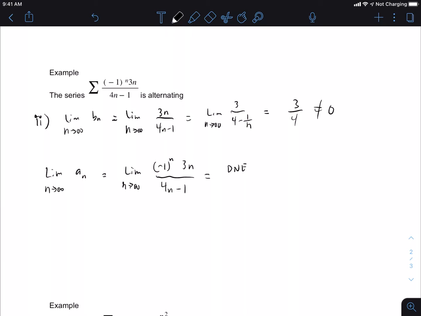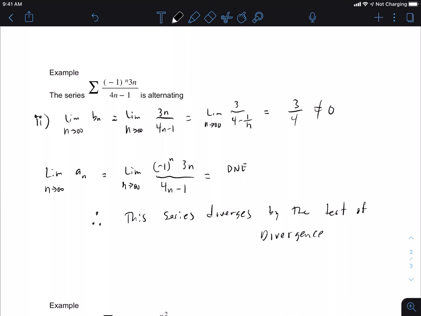So it's not going to equal some number. And so since this does not exist, by the test for divergence, this series diverges. And again, that was from 11.2, and it's by the test for divergence.